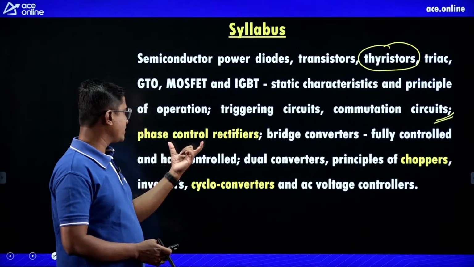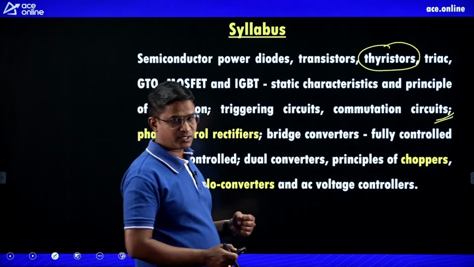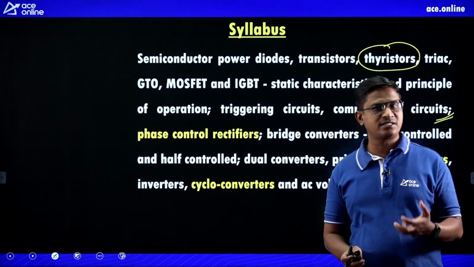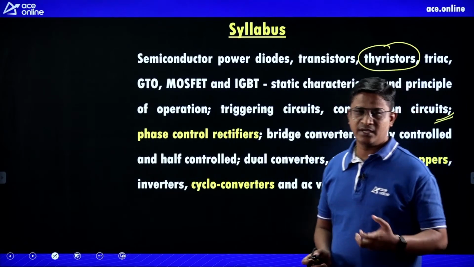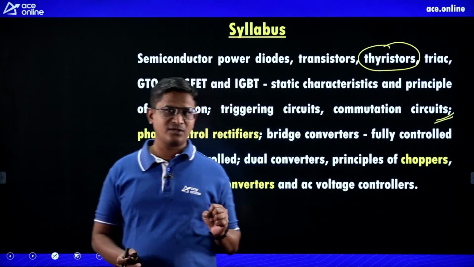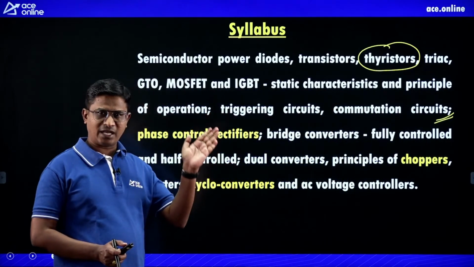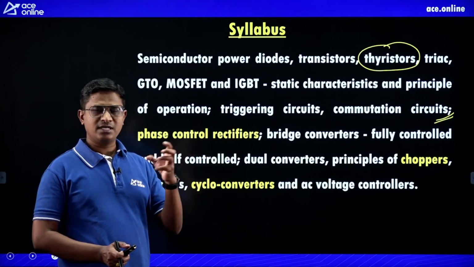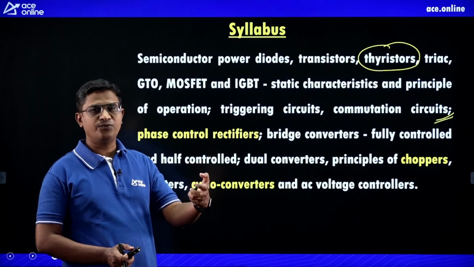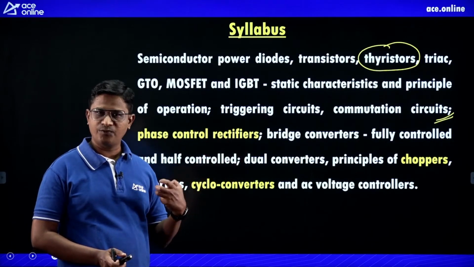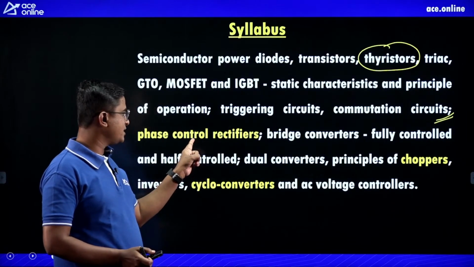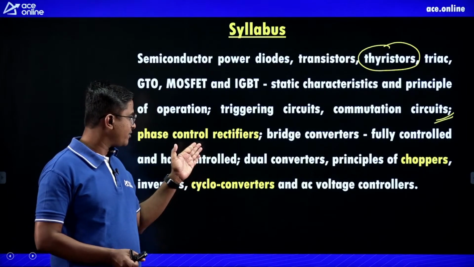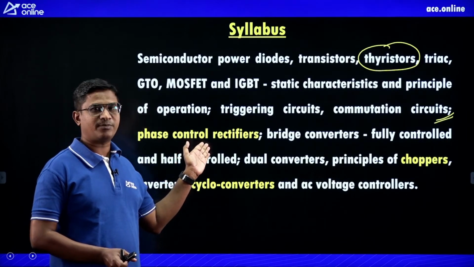Next, we have the phase controlled rectifiers. Rectifier is the circuitry which converts input AC to output DC. It is like an AC to DC converter. In that we have different types of rectifiers: single phase half wave, single phase full wave, 3 phase half wave, 3 phase full wave, etc. Very important chapter, phase controlled rectifiers. It is a very vast chapter, and you can find more questions on this chapter particularly.